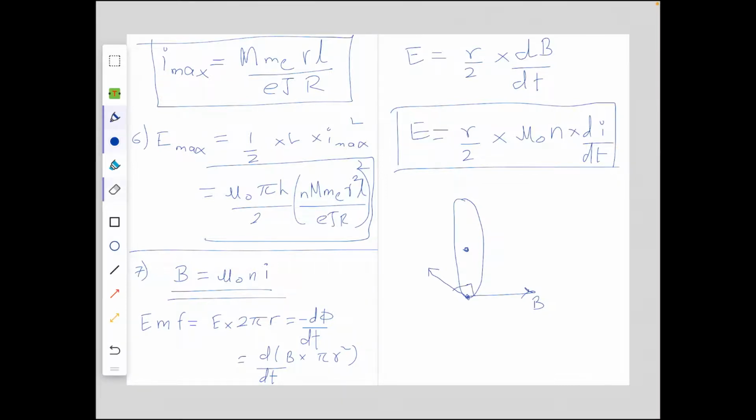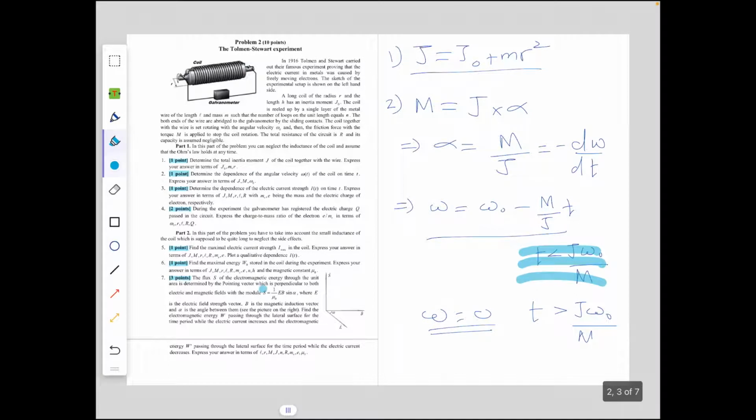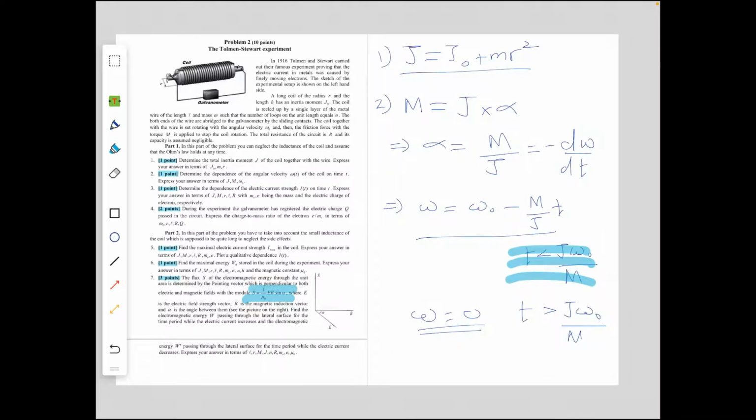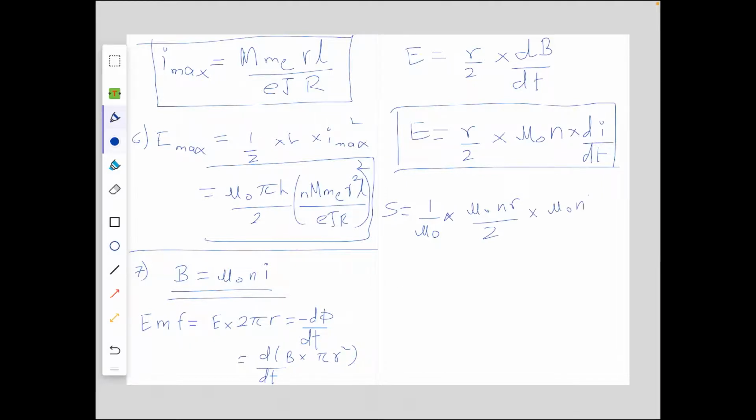So from the expression of the Poynting vector, S equals 1 by mu naught E B sine alpha, here alpha is 90 degrees. So finally we get S equals 1 by mu naught into E into B, which gives mu naught n r by 2 into mu naught n I into di by dt.